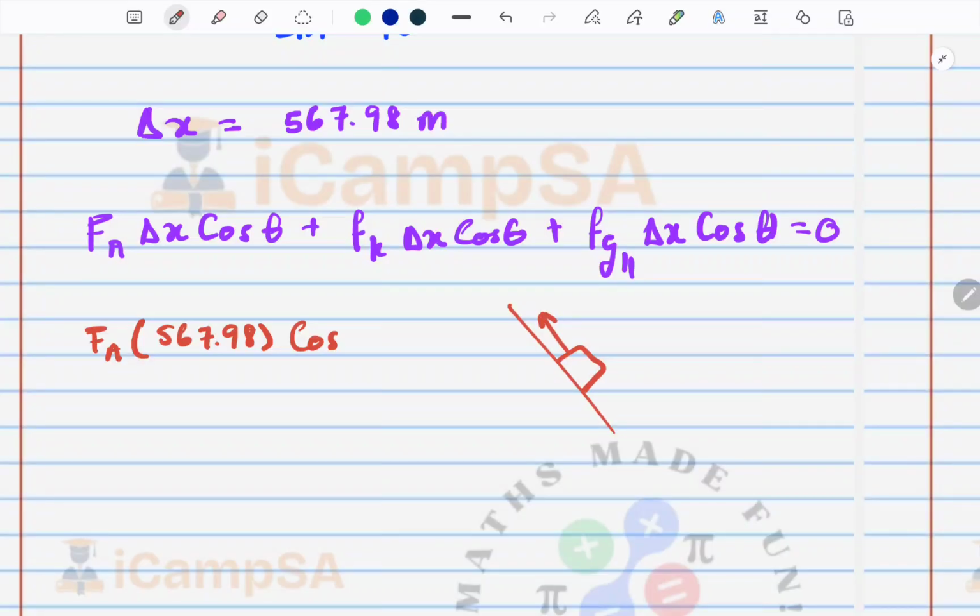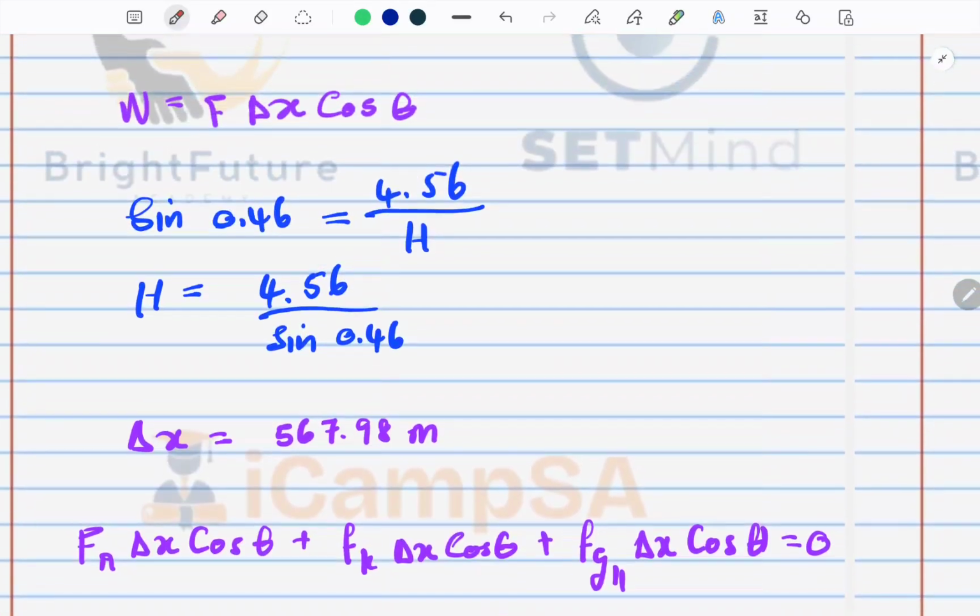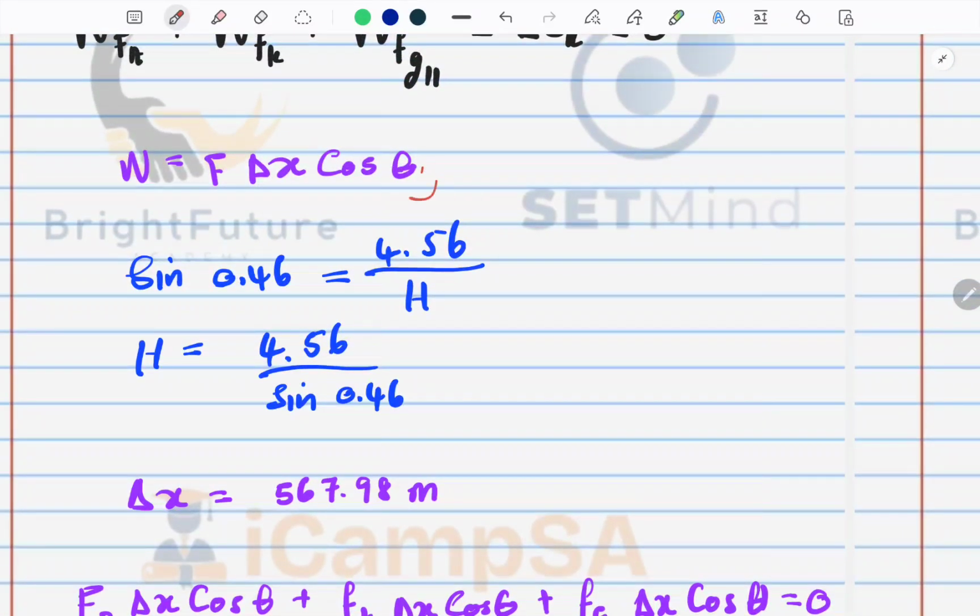So the angle that you're considering here is the angle between this surface and this force. Okay, so in this instance it's going to be 0, right? You're not going to regard this one here. Don't use this one, because we are speaking about this angle here. If you look at this formula, this theta is actually the angle between your displacement and your force.